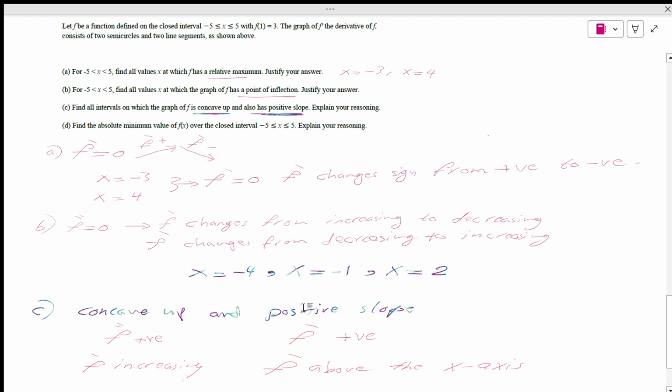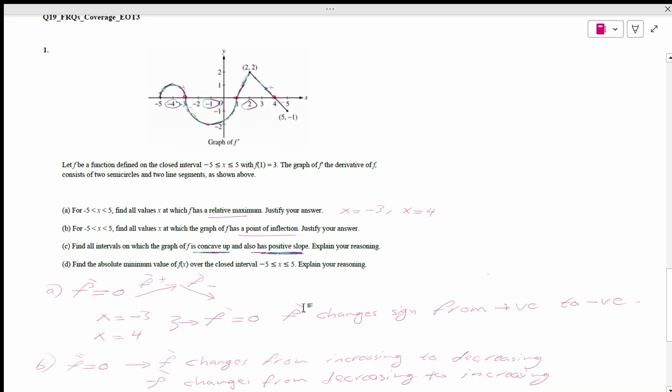So let's look back at the graph and see where this happens. Above the x-axis and increasing, it's here, from -5 to -4, and also from 1 to 2. These two intervals are what we are talking about.